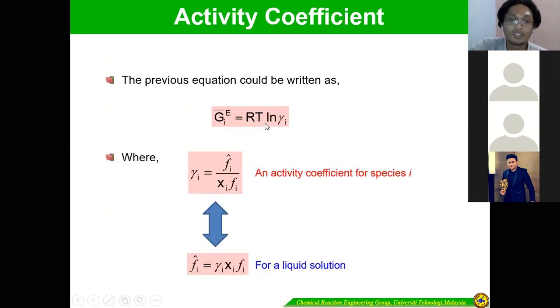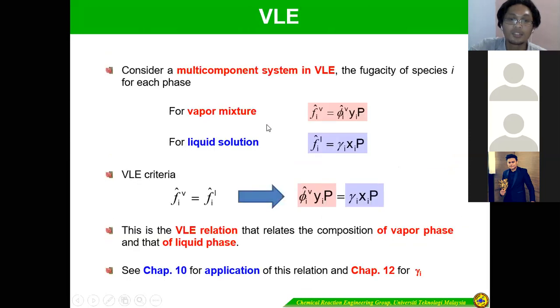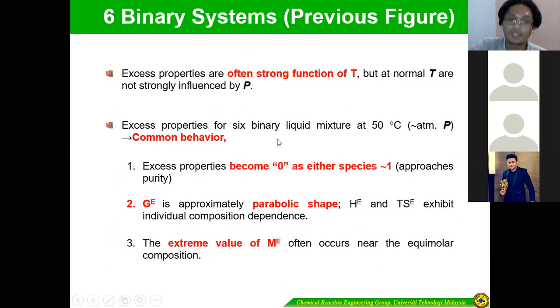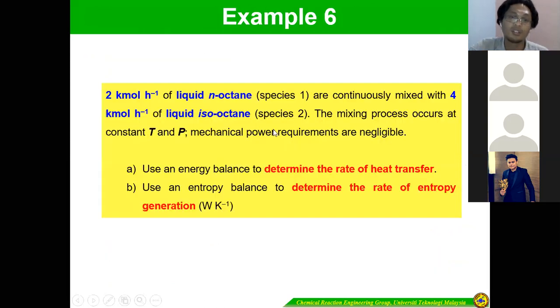Why is it ideal? Because n-octane and isooctane have similar chemical structure and almost similar size. That's why it's ideal. That's your assumption.